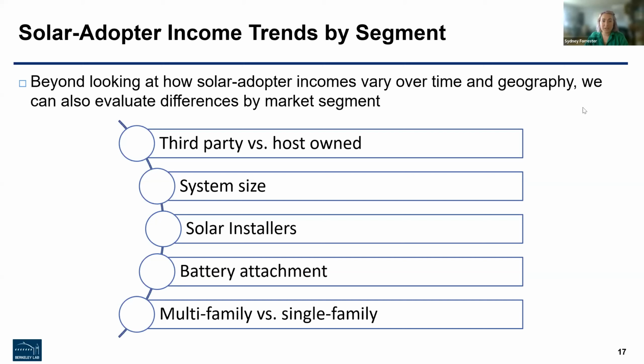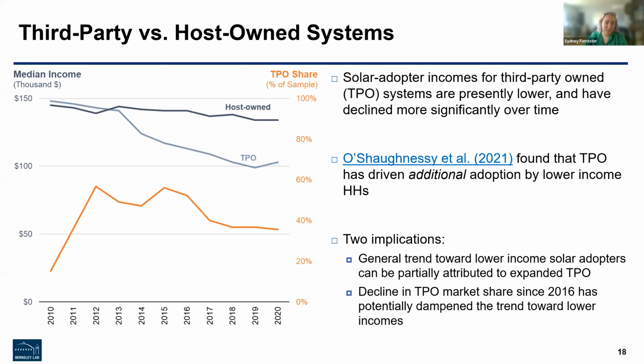So first we have third-party owned systems versus host-owned systems. If you could advance the slide, Galen. Thanks. So if you look on the left-hand axis with the two blue lines at the top, you can see that the solar adopter incomes for third-party owned systems are lower and also have declined faster over time.